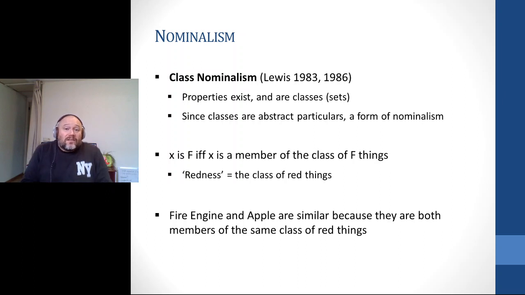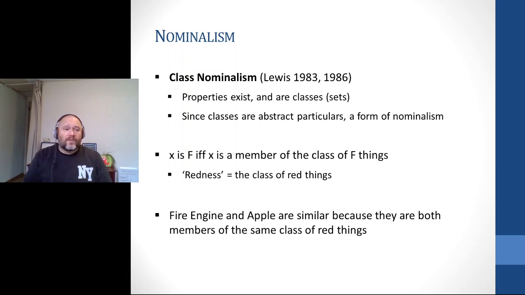And since classes are these abstract particulars, that is, they're objects, they're sets, this is a form of nominalism. Right? Properties aren't universals. They're just particulars. But of course they exist. They're just sets. So we get then, right, X is F, an object satisfies a predicate, if and only if X is a member of the class of F things.